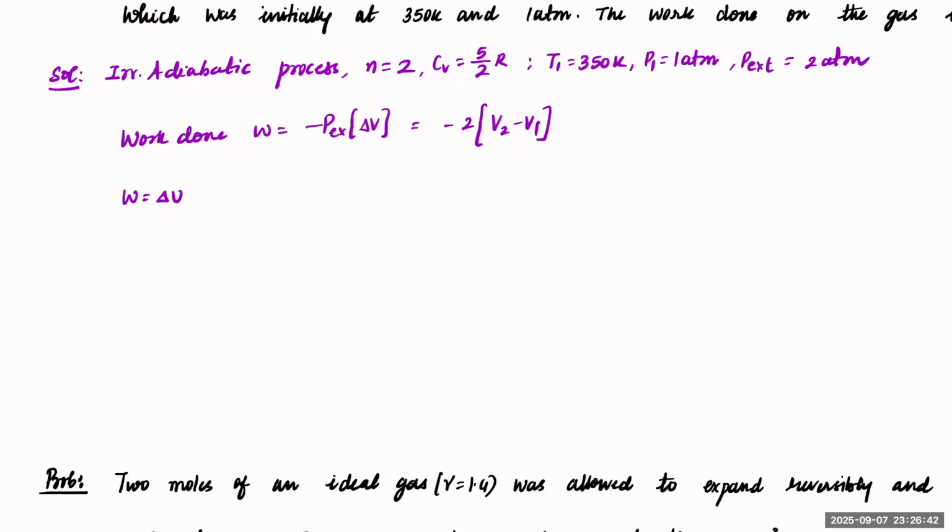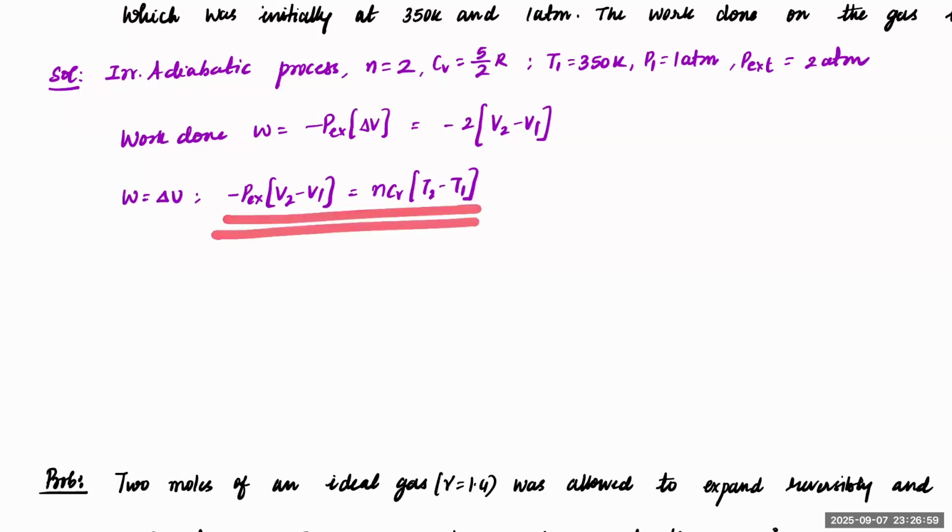So minus P external into V2 minus V1, which is the work done, is equal to delta U, which is n Cv T2 minus T1. Using this information, first let us try to figure out the T2 value. Knowing the T2 value, we can calculate the value of V2. If we get to know that, then it becomes easier.